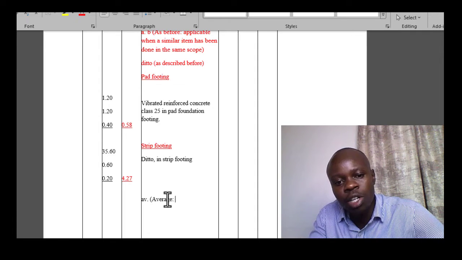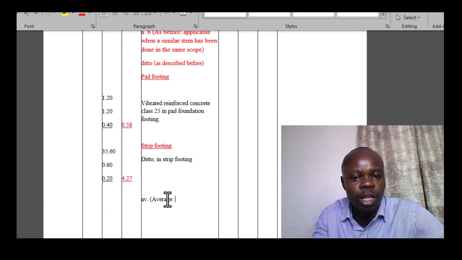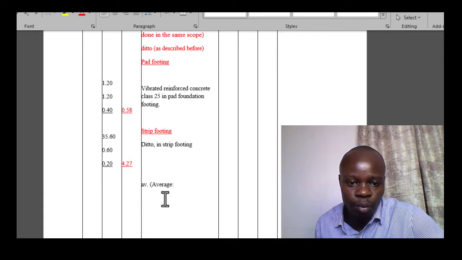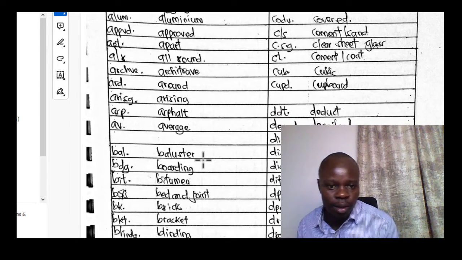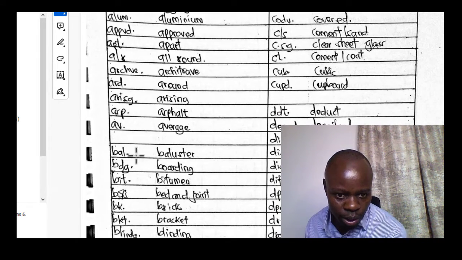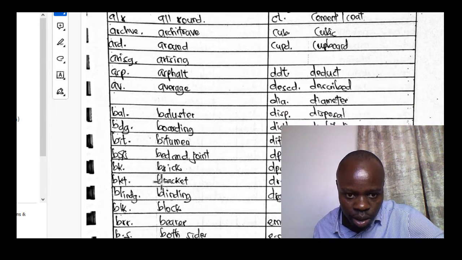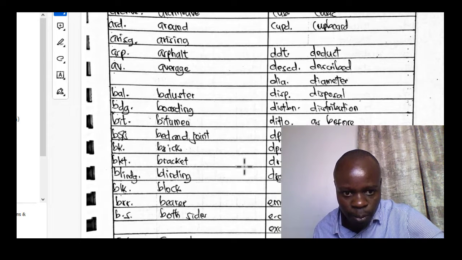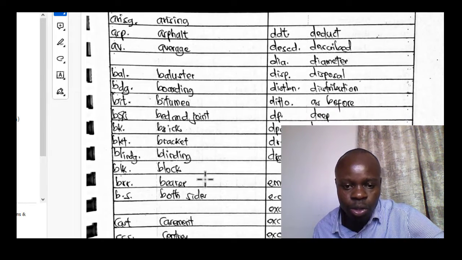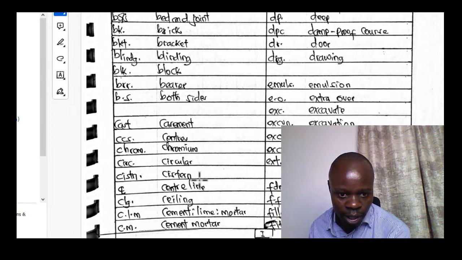Instead of the full average, you just use a V and then you put a full stop, so that you adopt that kind of abbreviation in that particular manner. Then baluster building. Of course, the other ones you can see and read. Let's just pick on those common ones that you will find in most cases.